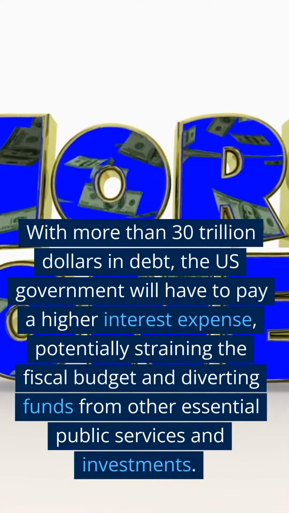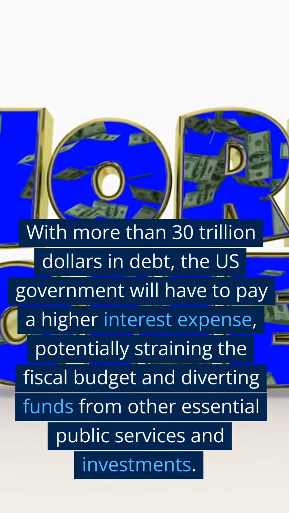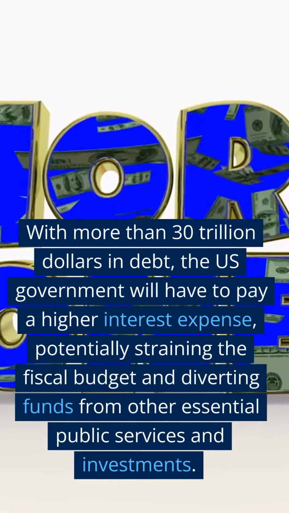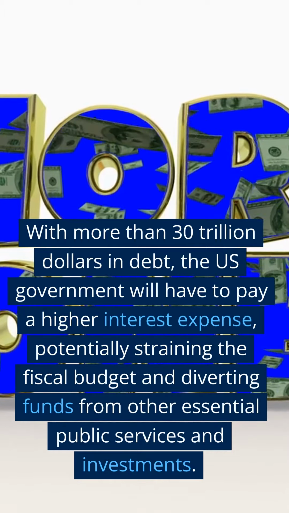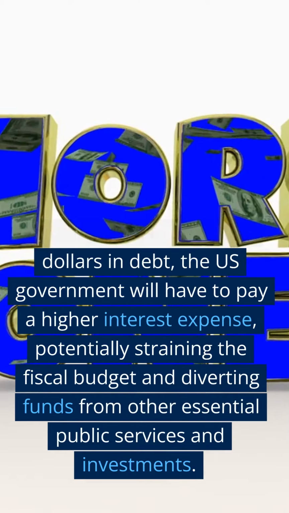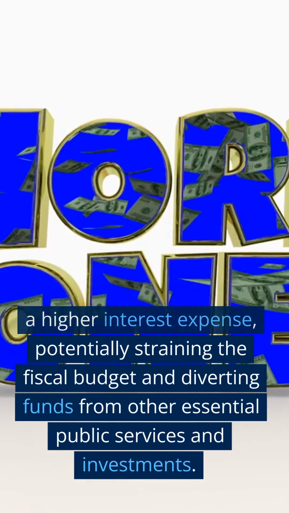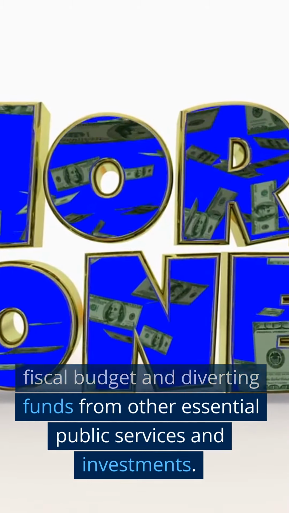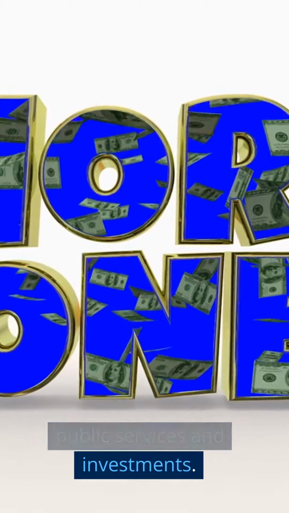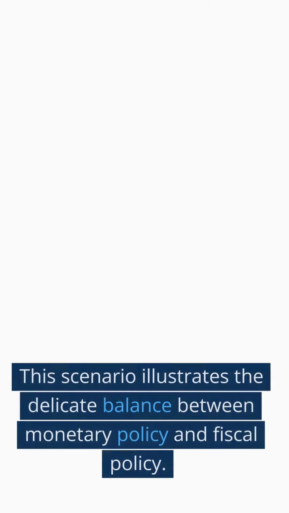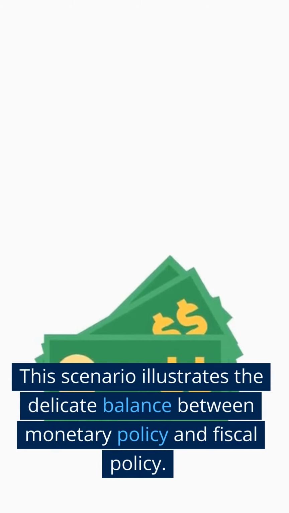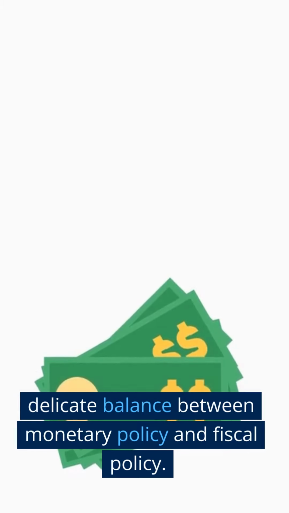With more than $30 trillion in debt, the U.S. government will have to pay a higher interest expense, potentially straining the fiscal budget and diverting funds from other essential public services and investments. This scenario illustrates the delicate balance between monetary policy and fiscal policy.